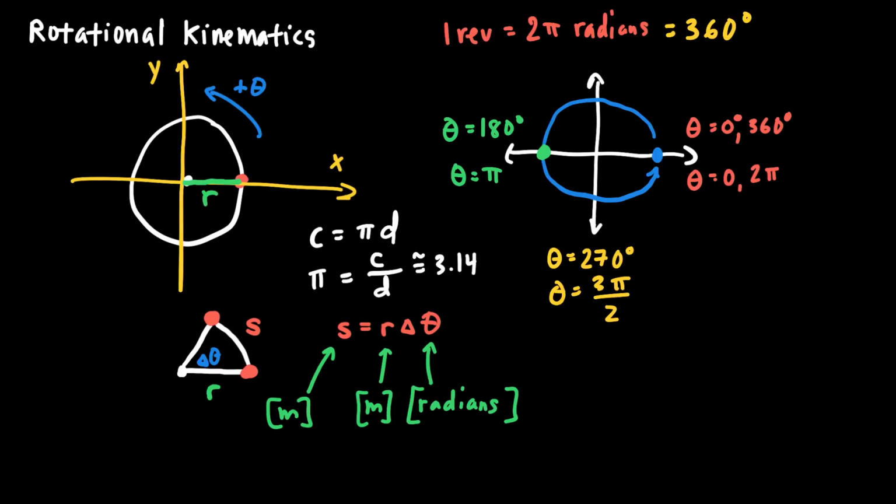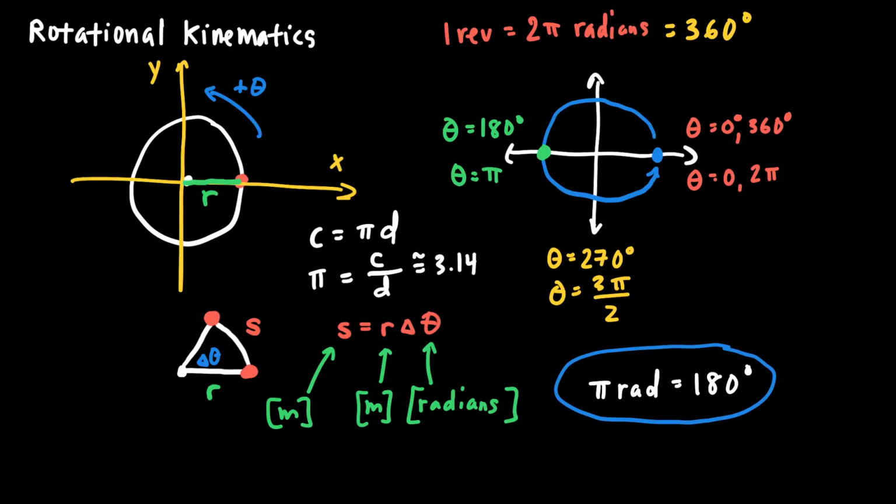And so oftentimes, instead of saying 2 pi radians equals 360 degrees, what people will write is that pi radians equals 180 degrees. And so sometimes we'll need to convert between degrees and radians, and very often this relationship will be the one that we'll use to do that.